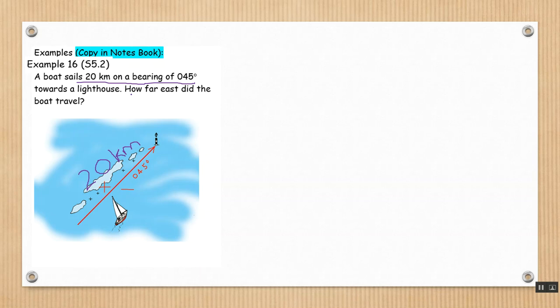For this question, we want to find how far east did the boat travel. So our compass rose looks like that. The starting point is actually down here. We want to find out how far east. East is this direction.